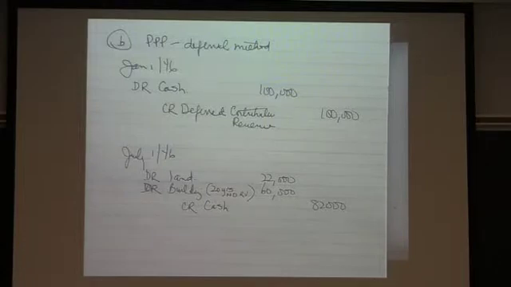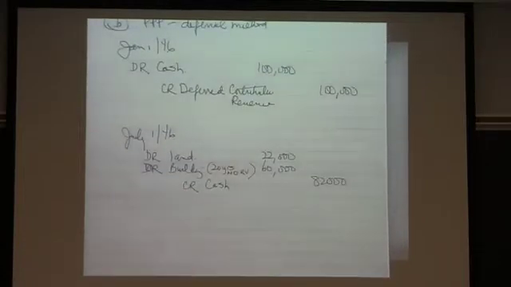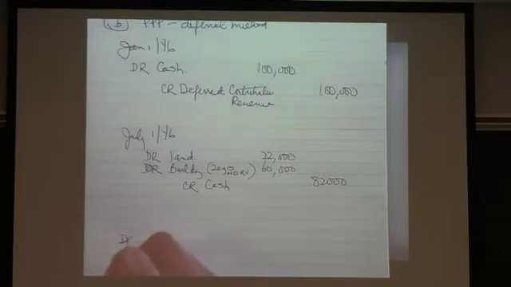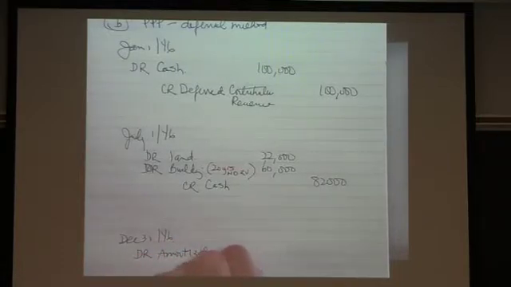Okay, so first of all, let's amortize the building. So on December 31st, we need to amortize the building. So debit amortization expense. And that would be 60,000 divided by how many years?